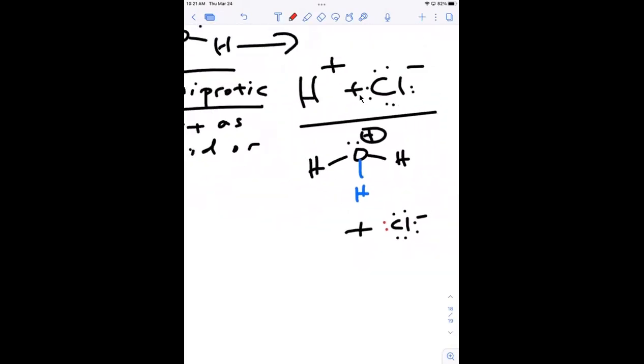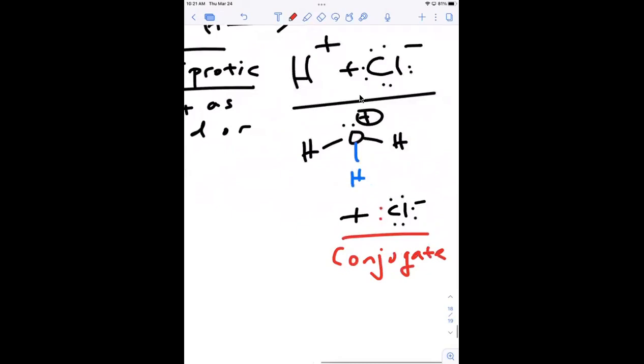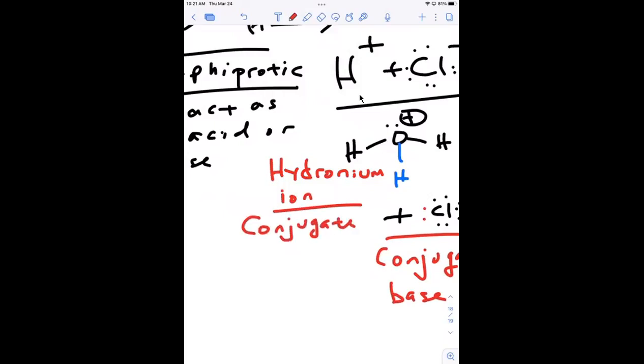So on the other side of the reaction, you have this, which we call the conjugate base. And then the hydronium, which is right here, which we call the conjugate acid, right?